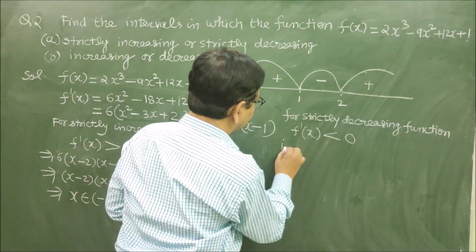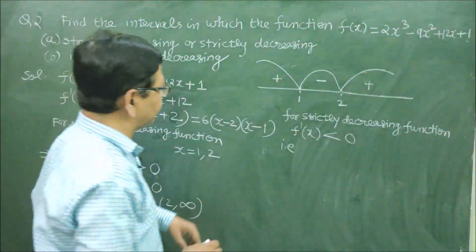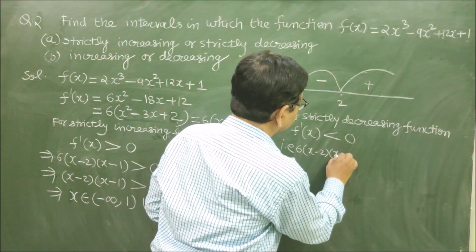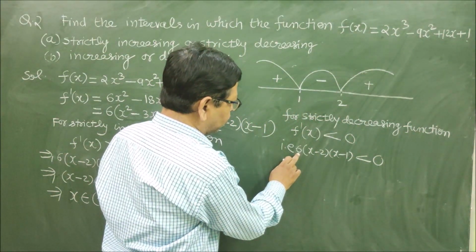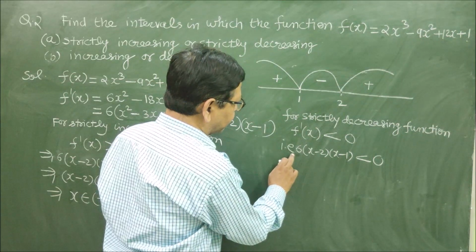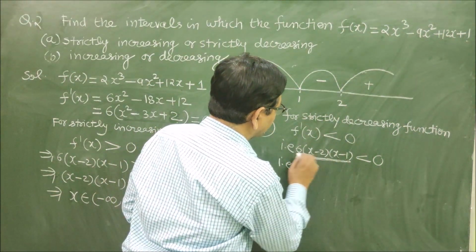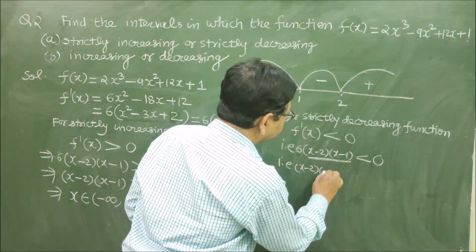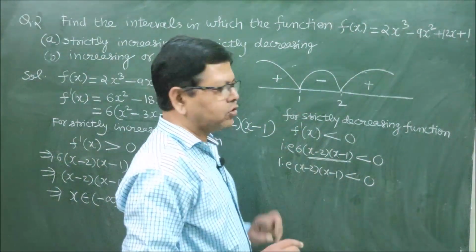That is, the value of f dash x, 6 into x minus 2 into x minus 1, should be less than 0. So if we do not consider the 6 because it is positive, then x minus 2 into x minus 1 should be less than 0, because this is positive, the other should be negative.